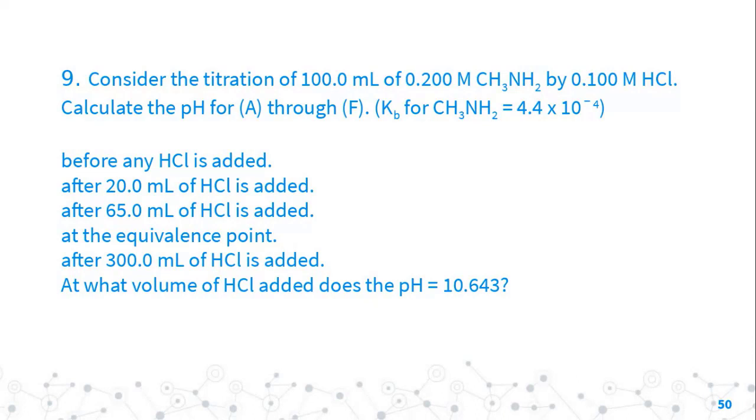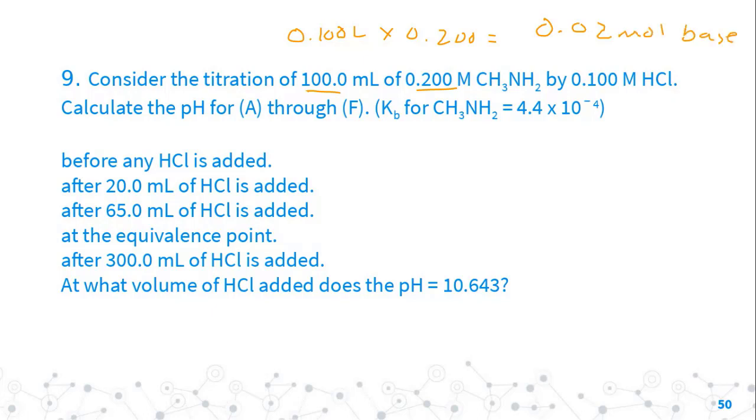No problem, Mackenzie. All right, so after 20 milliliters of HCl is added, let's go ahead and find how many moles of HCl that is. First off, let's find out how many moles of base we have up here. That's going to be 0.100 times 0.200. So it should be 0.02 moles of base.